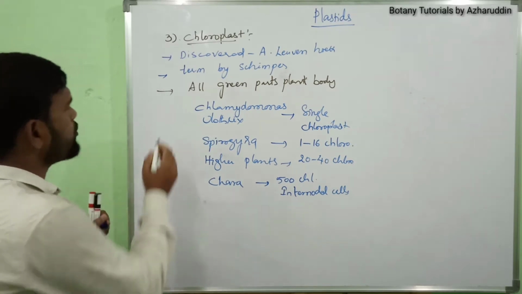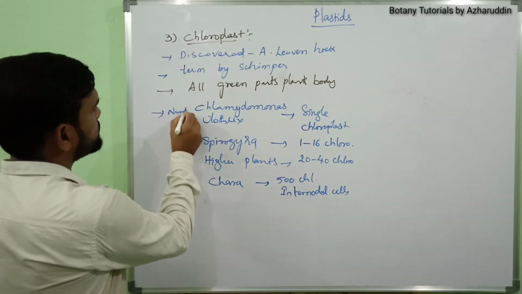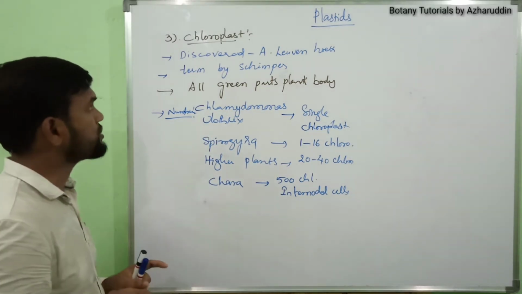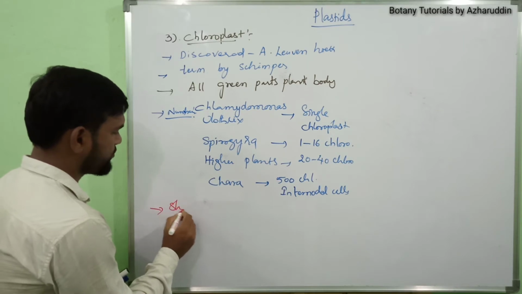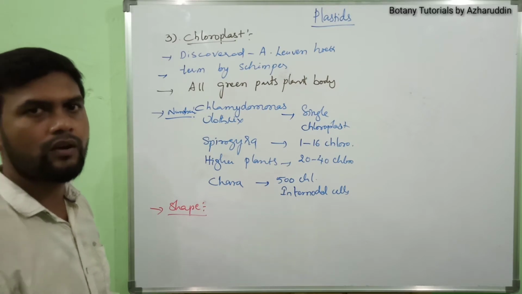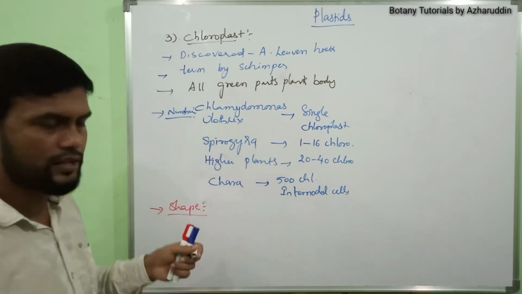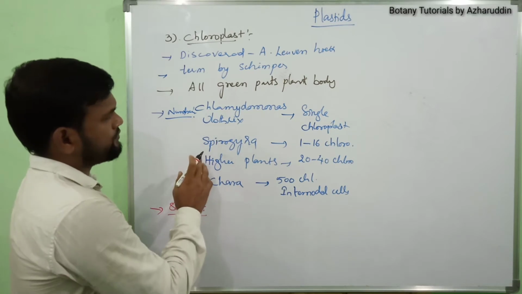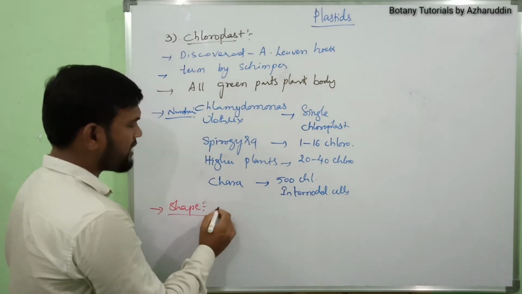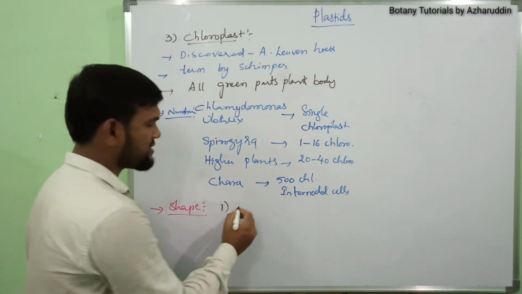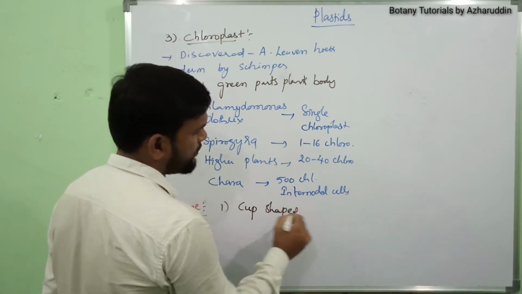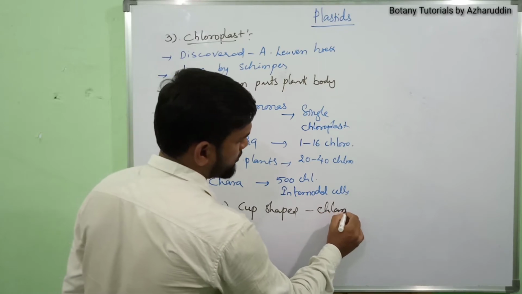Next, this was about number. Next, coming to the shape of chloroplast. The shape varies in different organisms or different cells. First, for example, cup-shaped chloroplasts are found in Chlamydomonas.